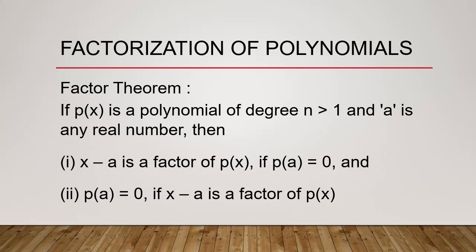Point number 2: if x minus a is a factor of p of x, then p of a is equal to 0, that is, the remainder will be 0.